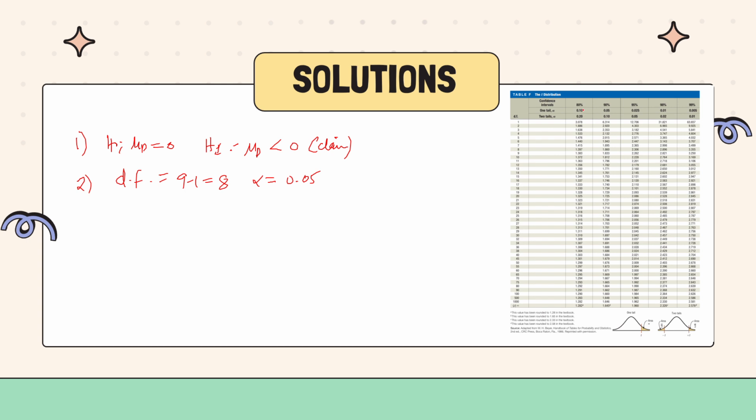The critical value is negative 1.860, since that's lesser. Since the critical value is left tail, we are using negative 1.860. That's a left tail test.